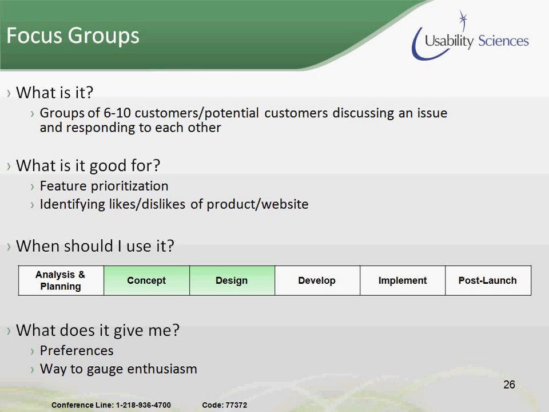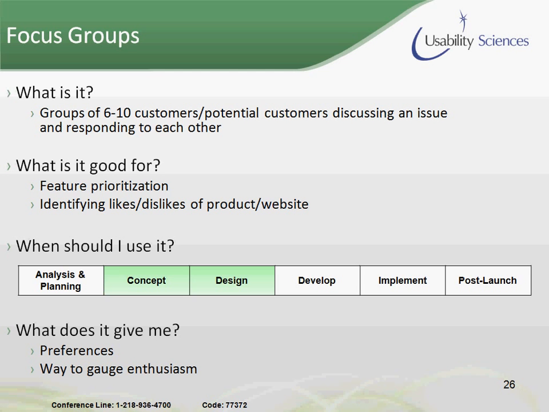You want to have some ideas to give your participants, and you want to be able to incorporate those ideas into your product or service. Now, this definitely gives you preferences. We talked a few minutes ago about the difference between a behavioral type research and a sort of self-reported research. So this is definitely self-reported.